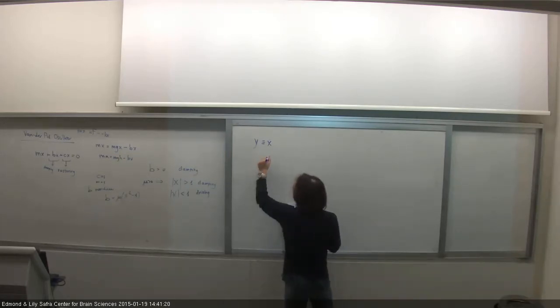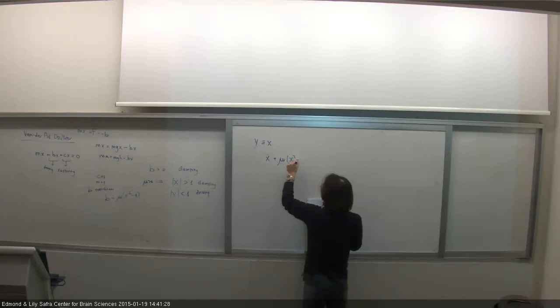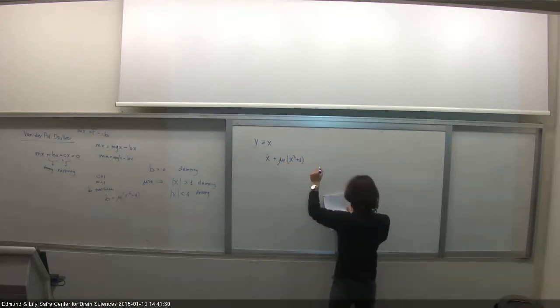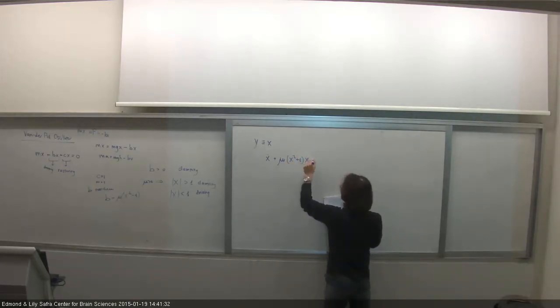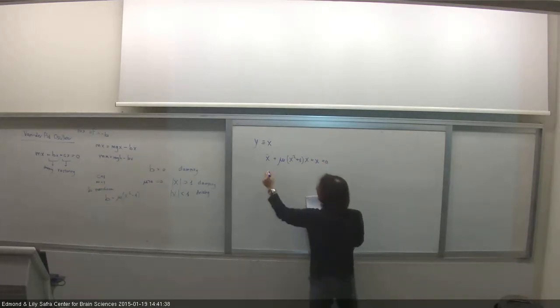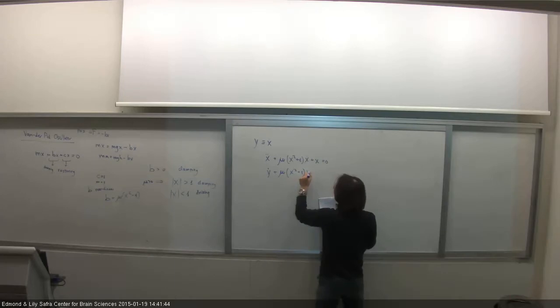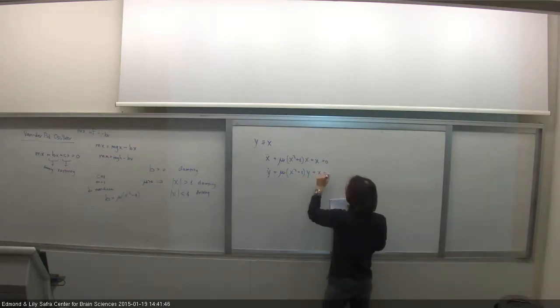So if I write the system again, already substituting my expressions, then what I have here is y dot plus mu times x squared minus 1 times y plus x equals 0.